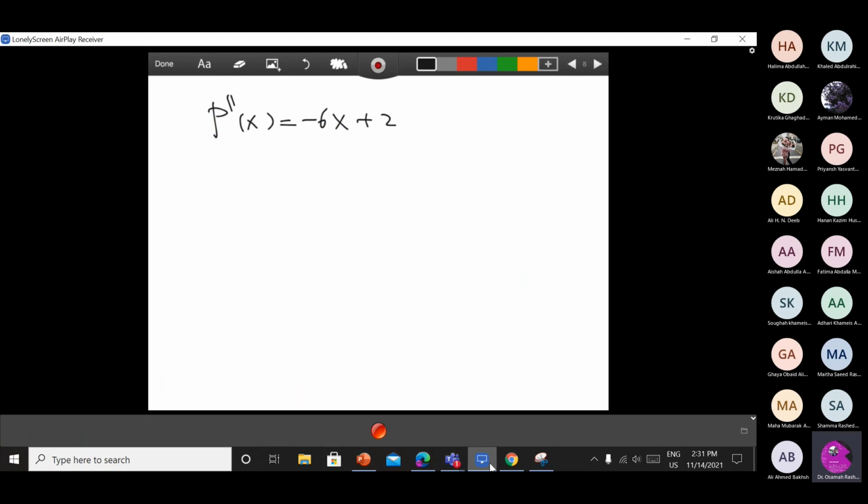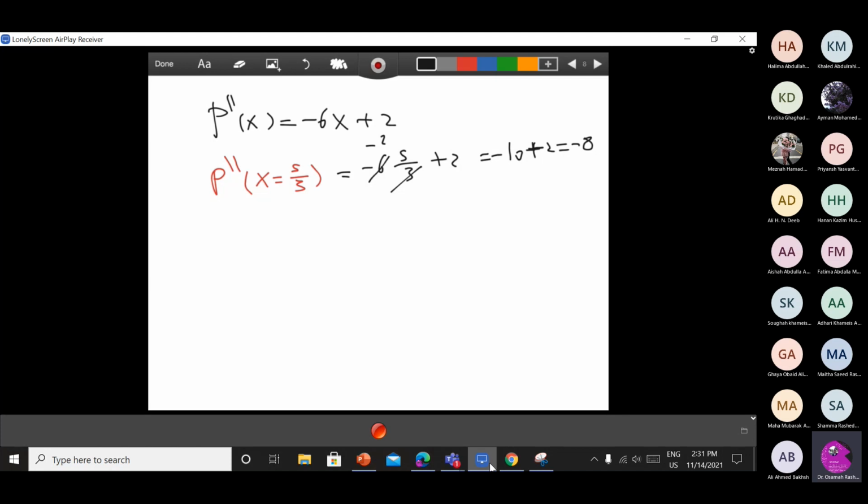Now I have to substitute by P double dash at x equal to 5 over 3. It will be what? Minus 6, 5 over 3 plus 2. So I have 3, this is minus 2. I have minus 10 plus 2 equal to minus 8. Minus 8 is not the value of the profit.